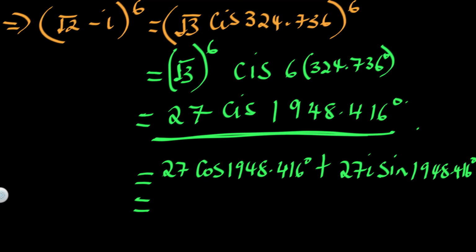So it's 27 cos of 1948.416. We get minus 23.001. If we round off to 3 decimal places, then we go to the other one.